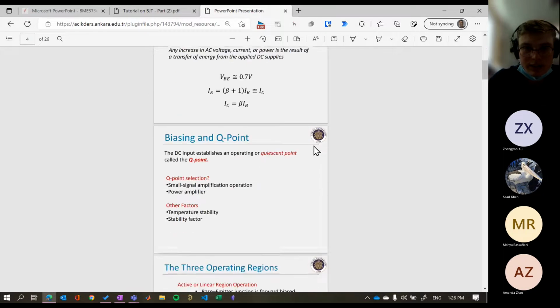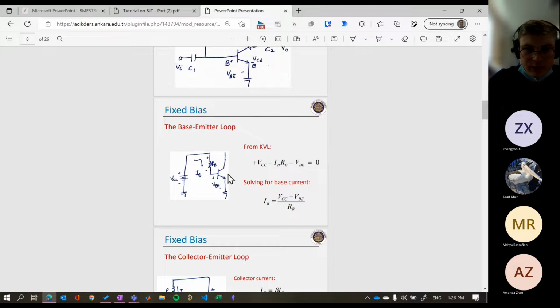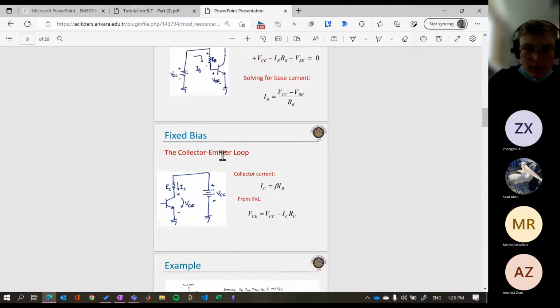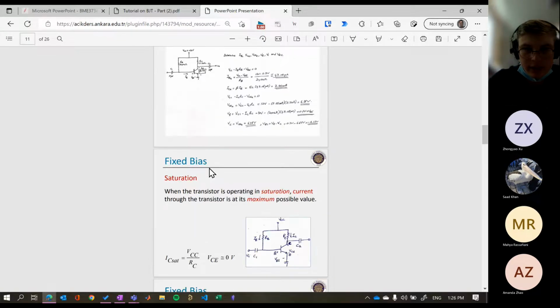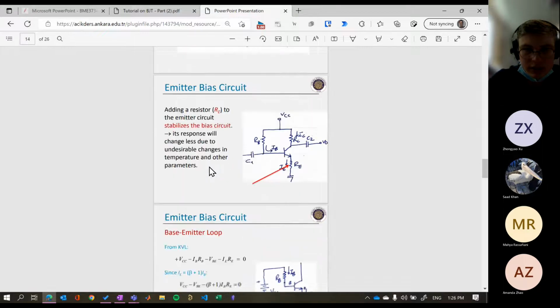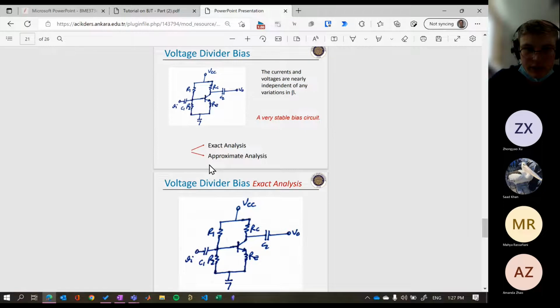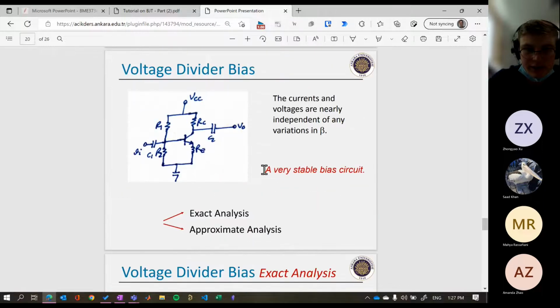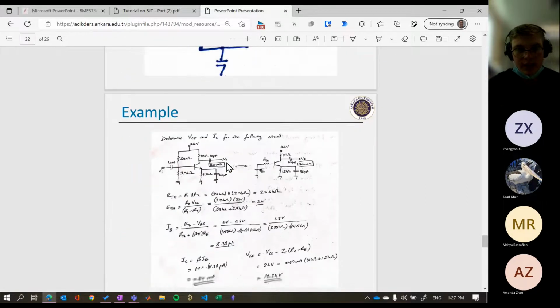When we're DC biasing here, you can see they've got the base-emitter loop and a collector-emitter loop as well. If we scroll down to the voltage divider, this is good because it's very stable. You'll see this one a fair bit: resistors coming from VCC to our base and then from base to either ground or VEE.